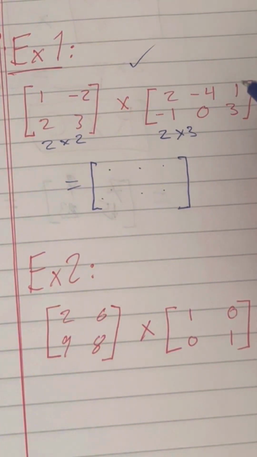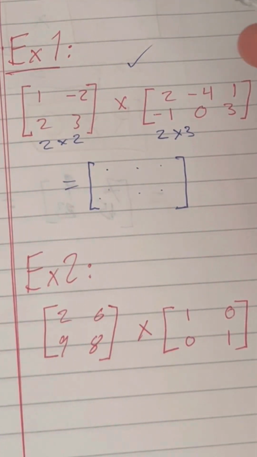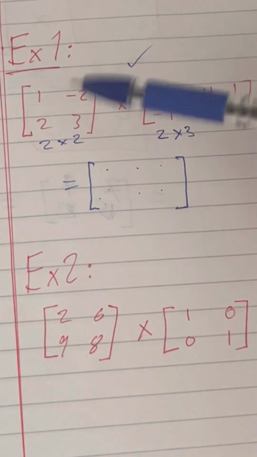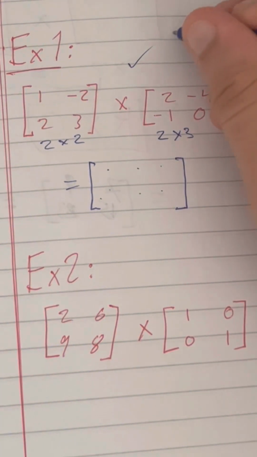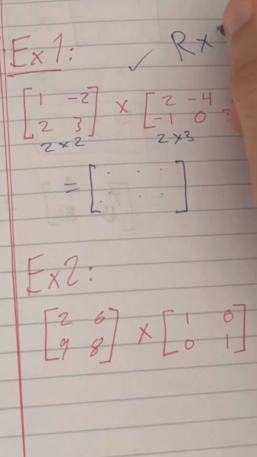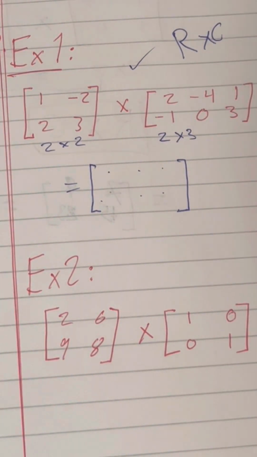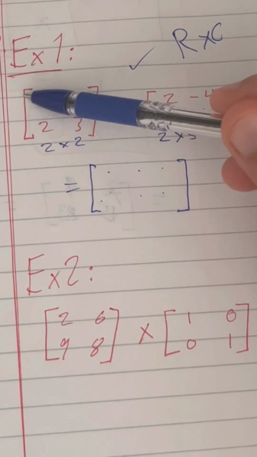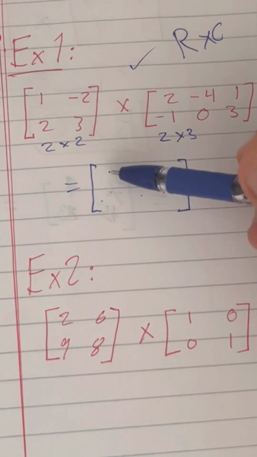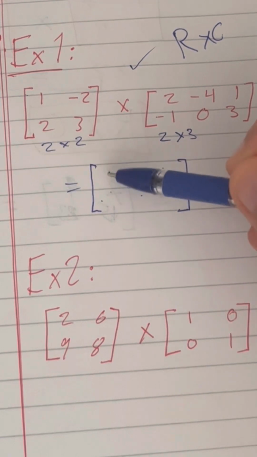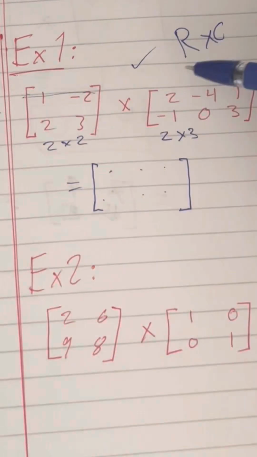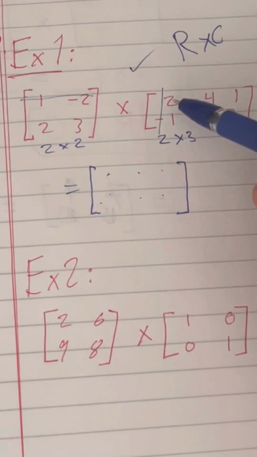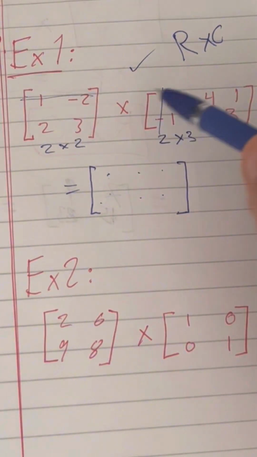Now, it's the same way that we did it with the previous answer. We go by rows. So the formula, if I would write the formula, it would be R times C. So rows times columns. So this is located in the first row and first column, so it would go like this. 1 times 2, 2.